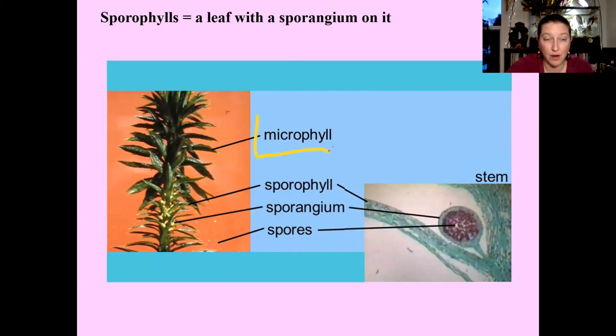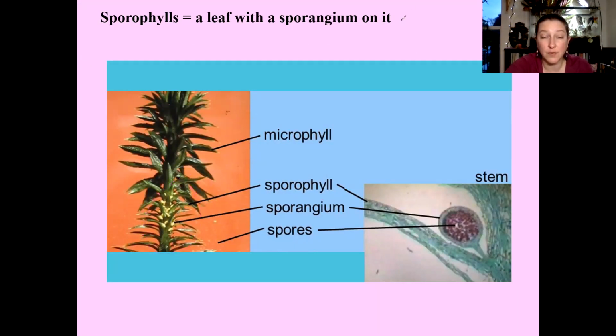They're just regular microphylls, right? Green, 1 vein, simple, right? But the leaves below, these down here, do have sporangia on them, and so we call those sporophylls.